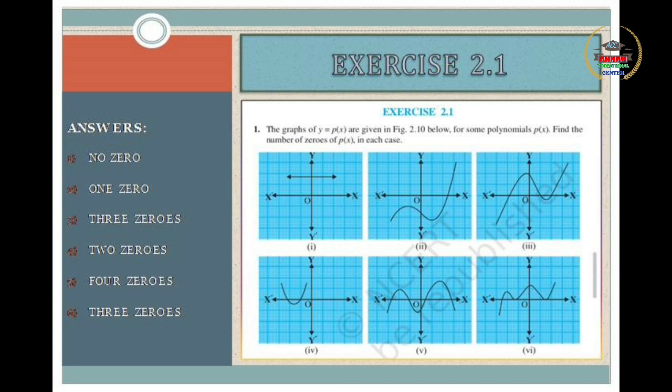In the fourth graph, the parabola is touching the x-axis in 2 distinct points, so it has 2 zeros. In the fifth graph, the curve is touching the x-axis in 4 distinct points, so the number of zeros is 4. In the sixth one, the curve is touching the x-axis in 3 distinct points, so the number of zeros is 3.